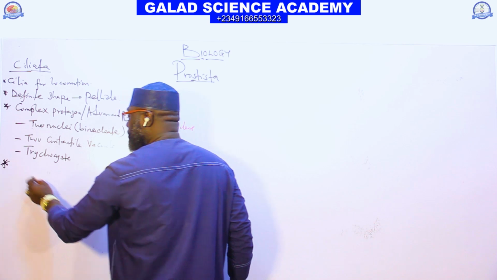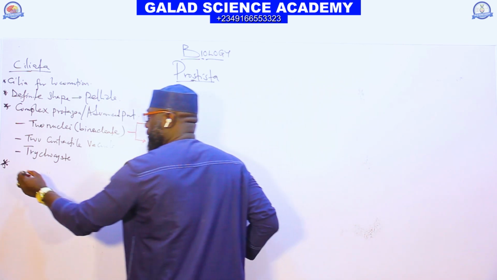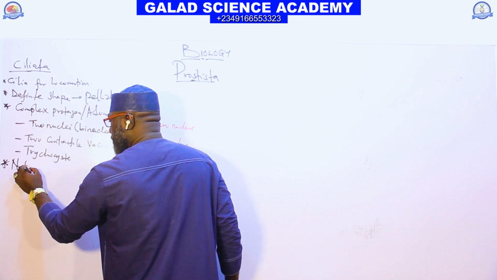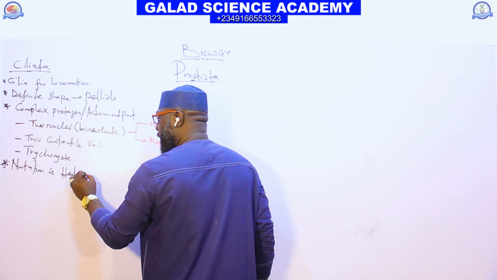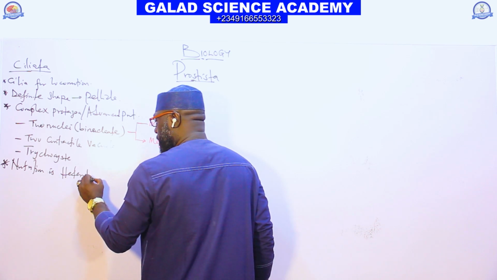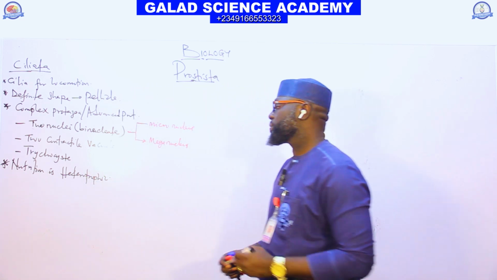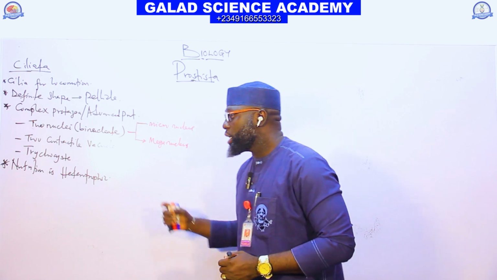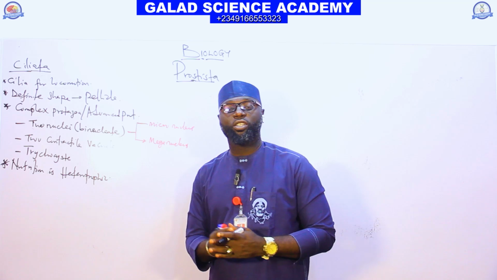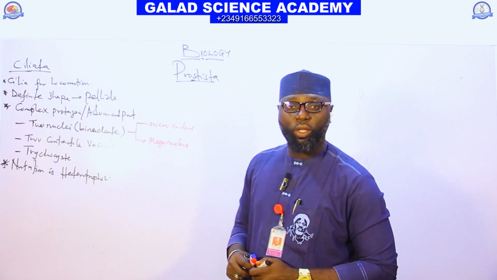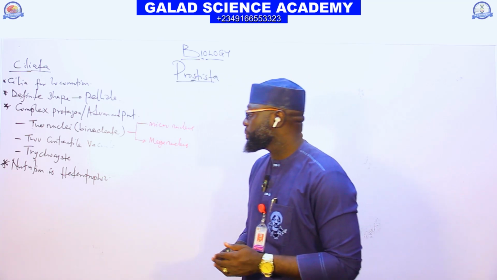The next characteristic is that their nutrition is heterotrophic, a heterotrophic mode of nutrition. They use their body surface for respiration and excretion, like the ones you have in Amoeba proteus and Euglena viridis.